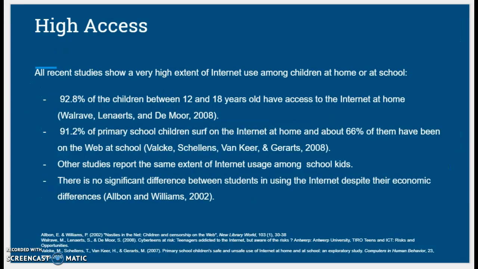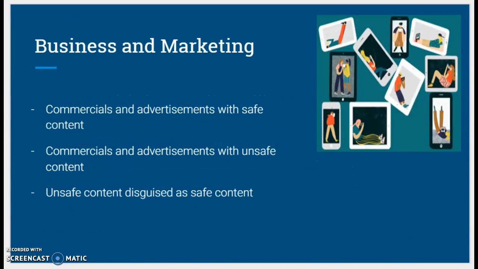High access is the second characteristic, and the extent of internet use among kids is very high. About 92% of elementary school kids are using the internet at home, 66% at school, and there's no significant difference between the different social and economic backgrounds of kids. All of them have access to the internet.